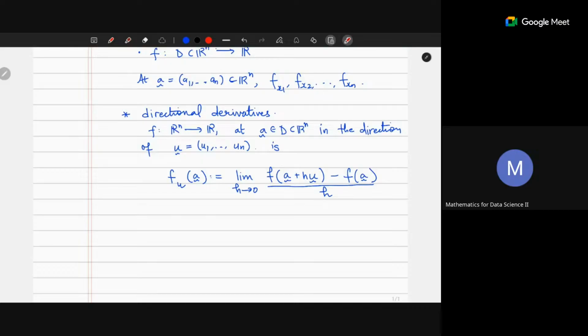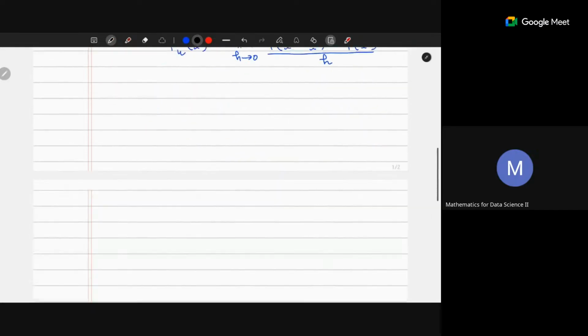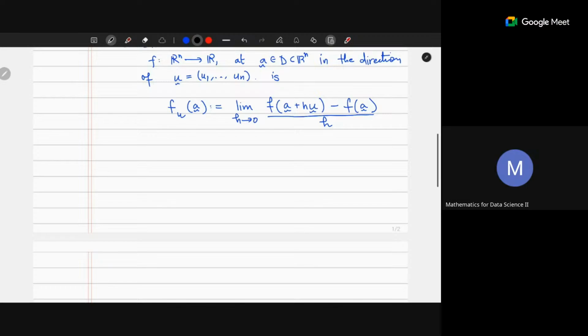This is the equation of a line that passes through a tilde and is in the direction of u tilde.